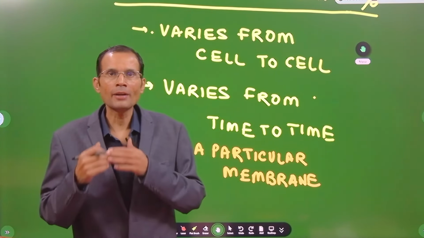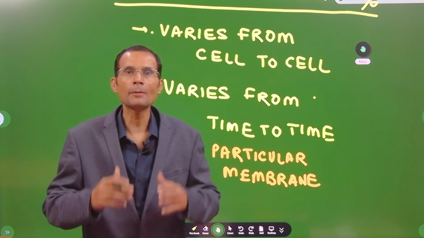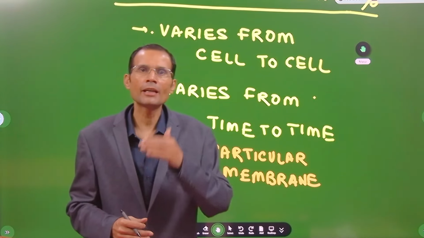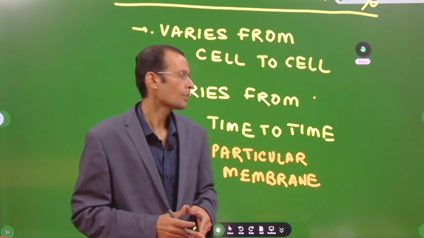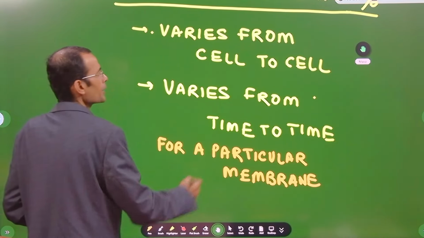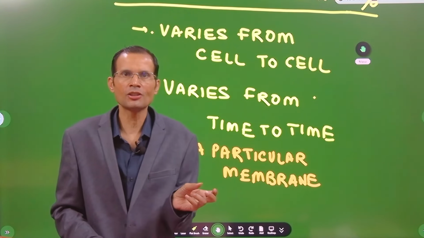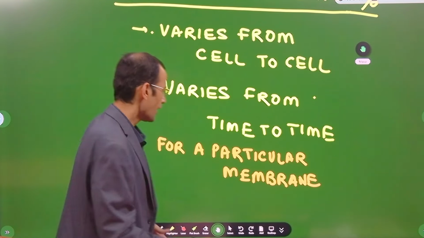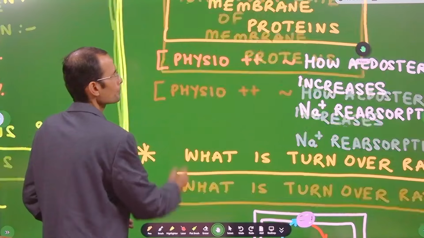What I'm trying to suggest is that at some time the protein composition may be higher than usual, at other times it may be lower in a particular membrane. So how the protein composition can change from time to time, that's the topic for discussion in today's video.